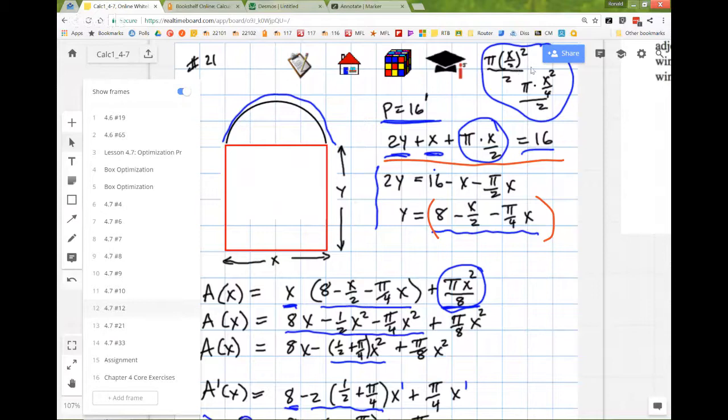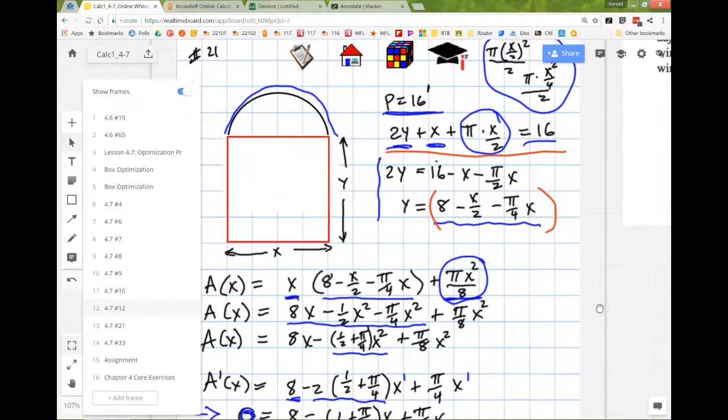Well, when you square x over 2, you get x squared over 4. And then when you put this all together over 2, you get pi x squared over 8. All right. So add up the semicircle and the square, and you've got the area of the Norman window.